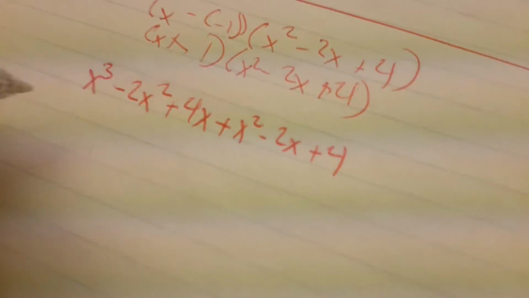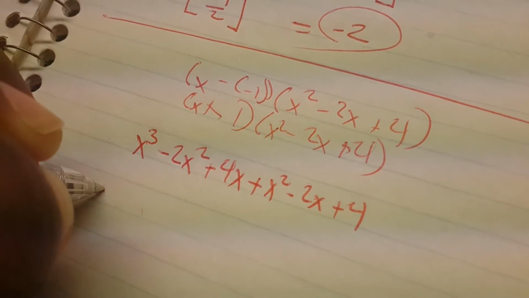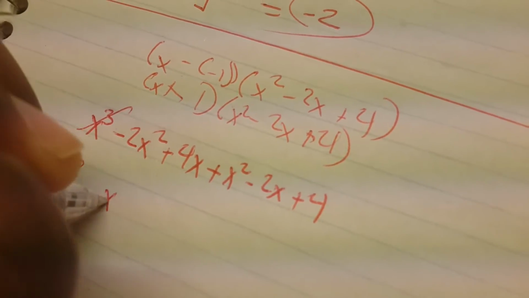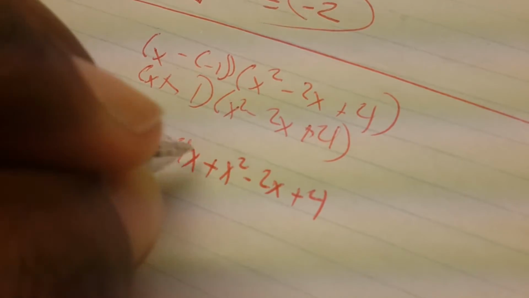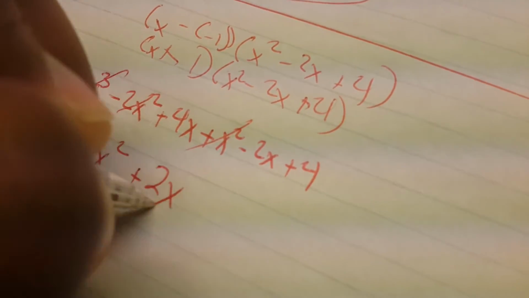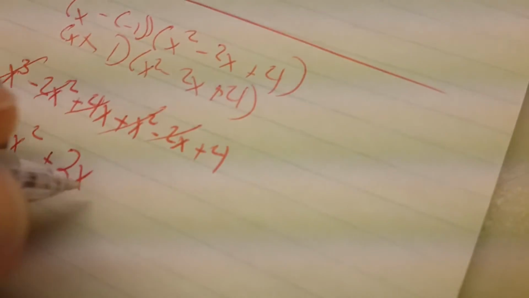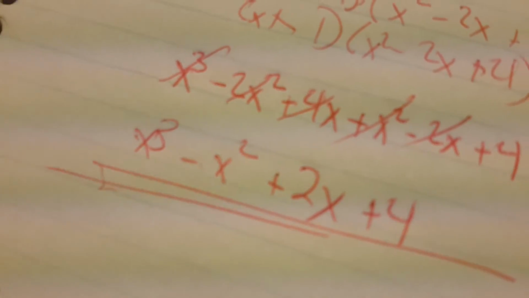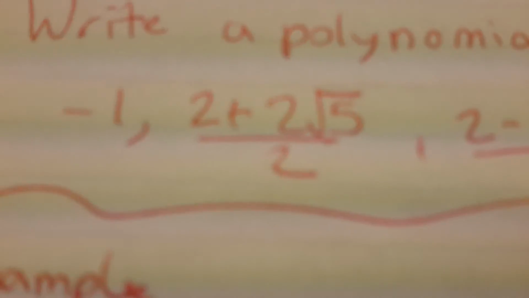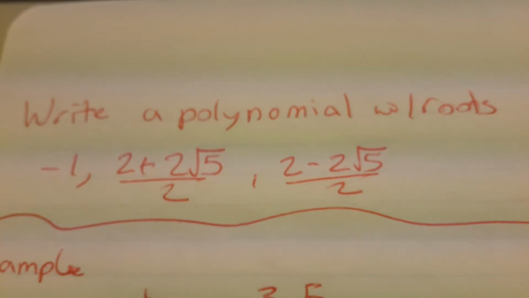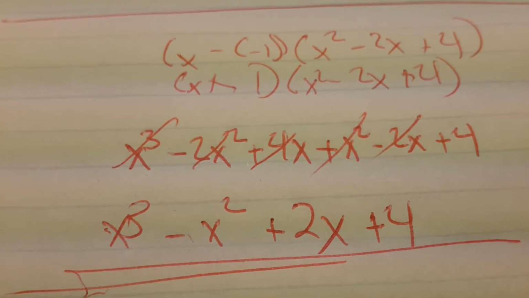Then you can reorder them, and we end up with x cubed minus x squared plus 2x plus 4, and this is our answer. This is our polynomial, which will of course give us the roots of the following. Write a polynomial with these roots, and voila, we've done that.